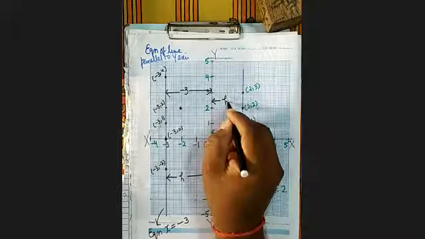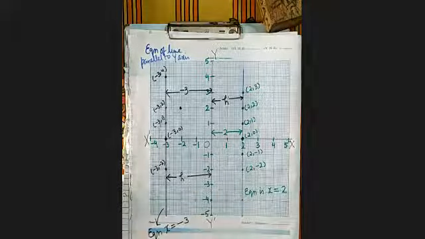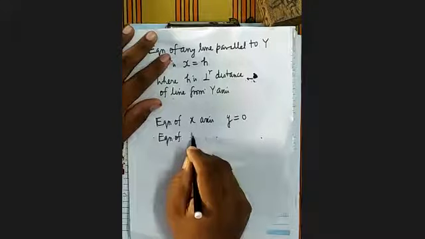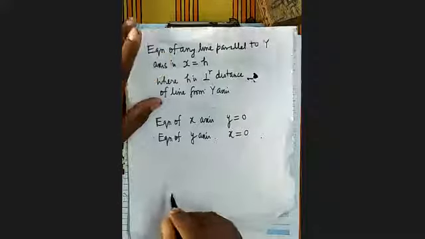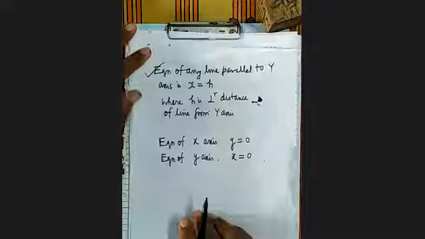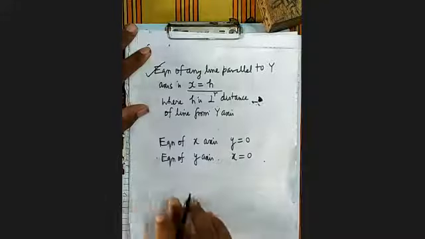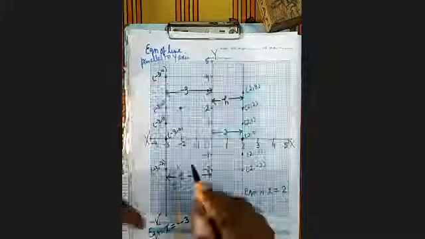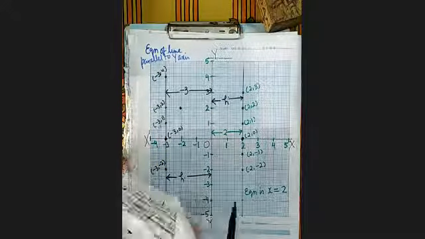Here h equals 2, here h equals -3. The equation of the y-axis is x equals 0. The equation of any line parallel to the y-axis will be x equals h. What is h? It is the perpendicular distance of the line from the y-axis, between the line and the y-axis.